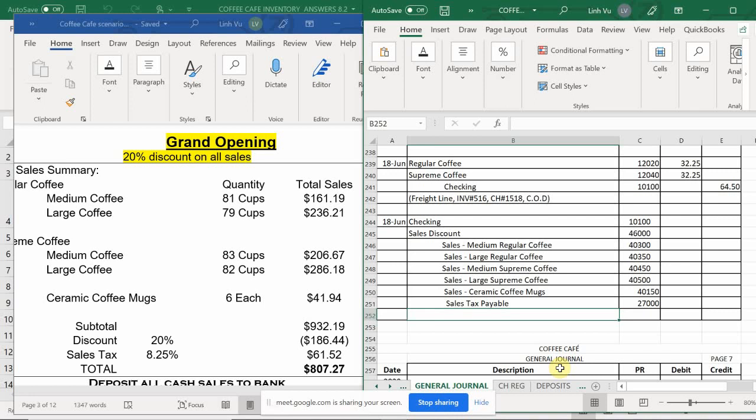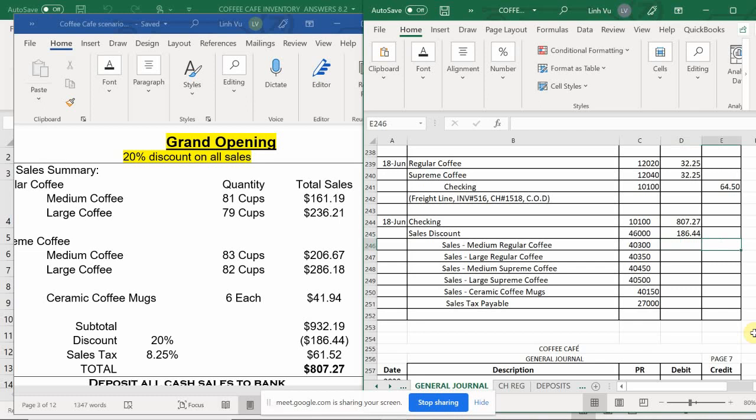Right, so we have the total is 807. That will be the total cash that we got. Yes, so 807.27. Okay. And the discount is 196.44. Okay, 186.44.